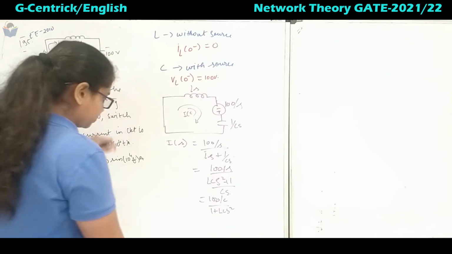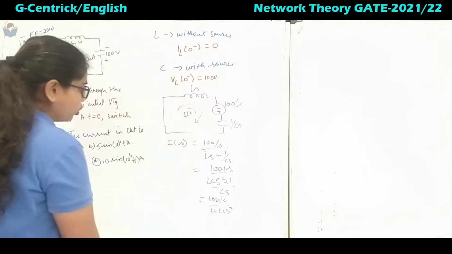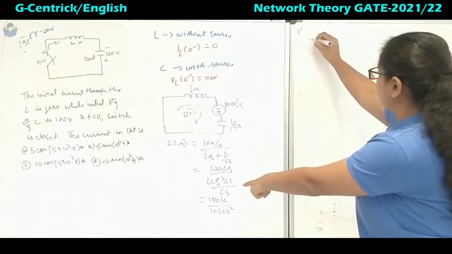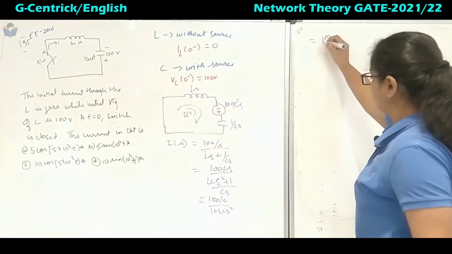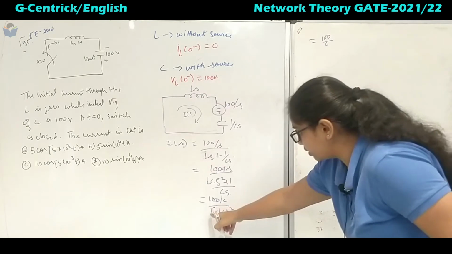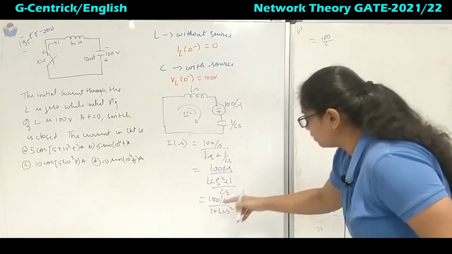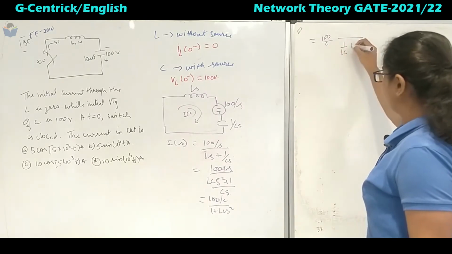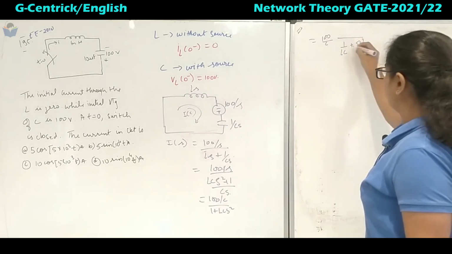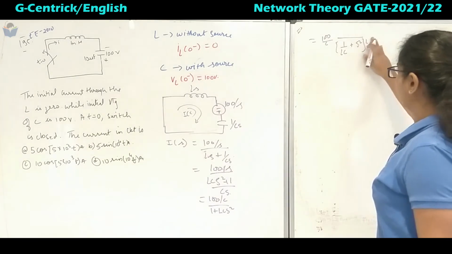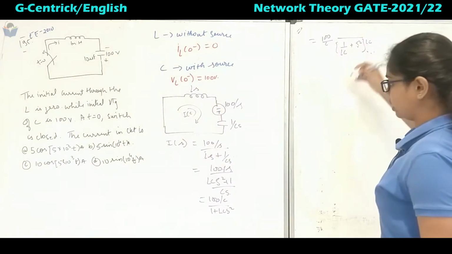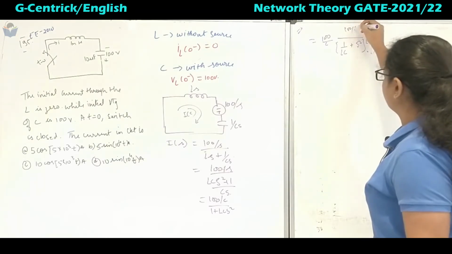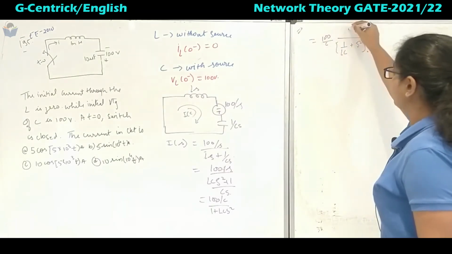We will take LC as common outside, 100 over C. If you take this as common, here it will be 1 upon LC plus S square. So L over C comes outside, and 100 by C as it is. This is written over here.